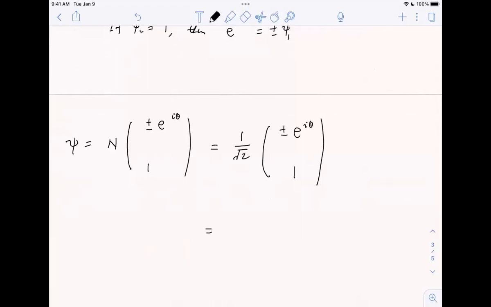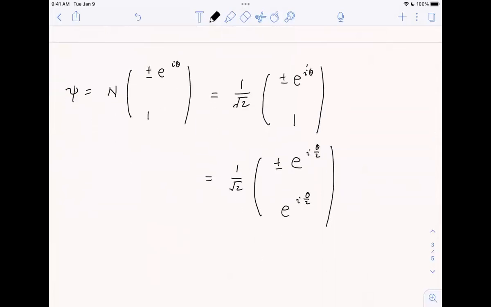I think there's another way you can make it more transparent. That is, you use this. So you multiply half of the phase, then you get this one.